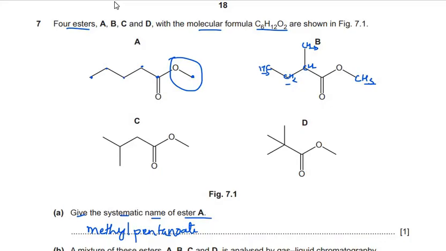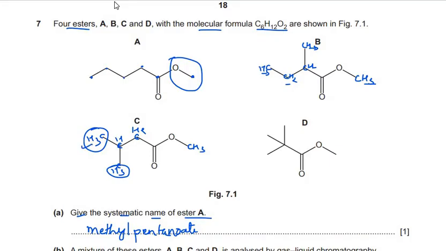If you look at the structure of C, we can see that here there is CH, with CH3 and CH3. Both these protons are of the same type because both of them are bonded to CH. Here it is CH2, here is CH3. So how many types of proton are present in C?